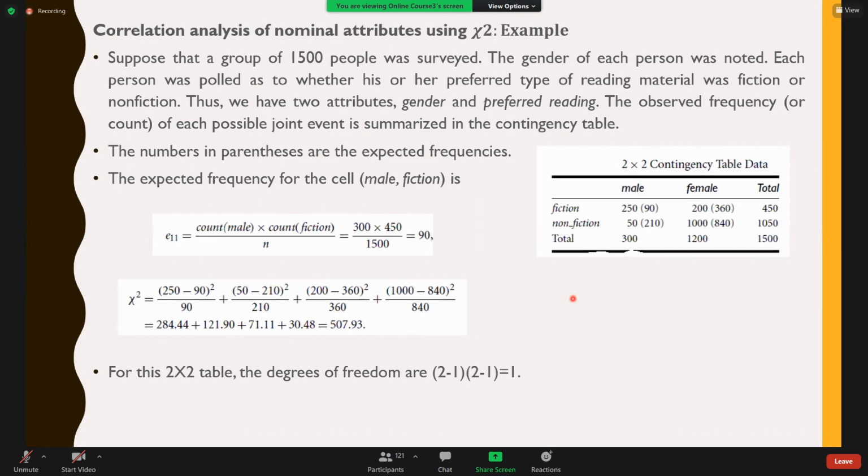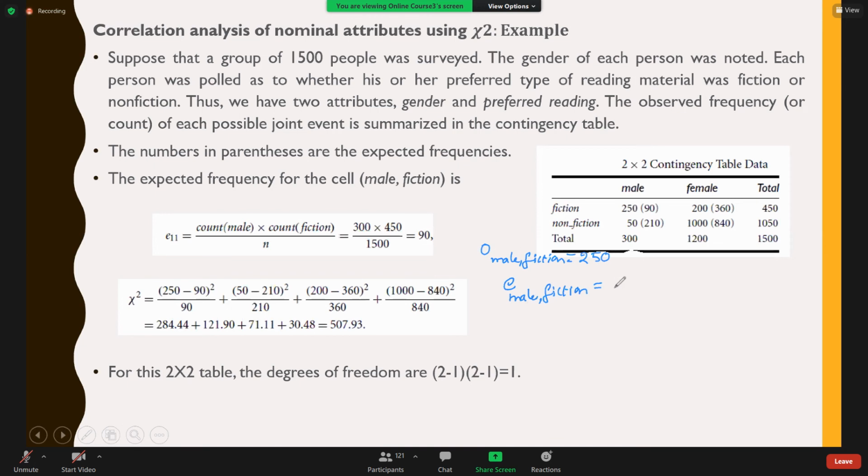Coming to our example, we want to calculate the expected frequency of male, fiction. We already calculated the observed frequency. Observed frequency of male, fiction is 250. This is from the input data. And the expected frequency is calculated based on the count of male.